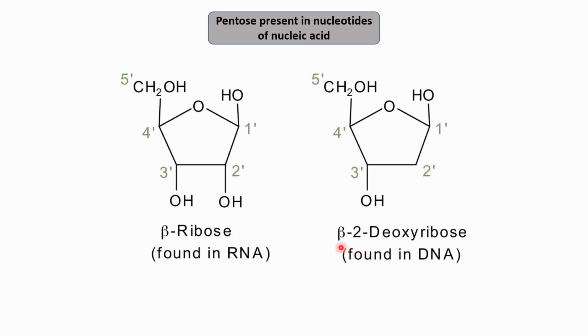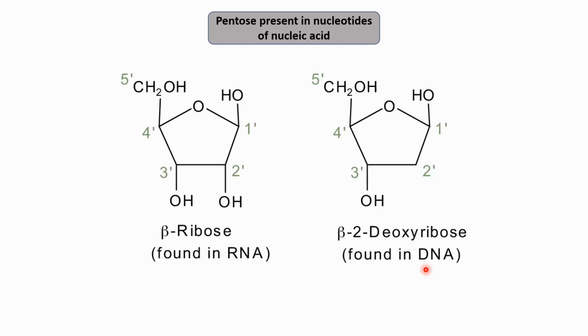Therefore, it is named beta 2-deoxyribose, and the nucleic acid is known as deoxyribonucleic acid.